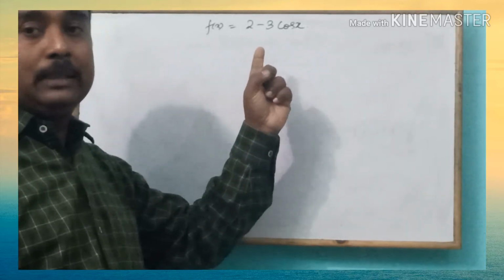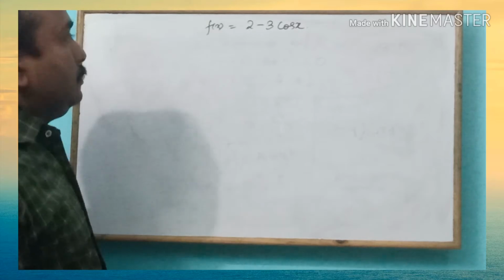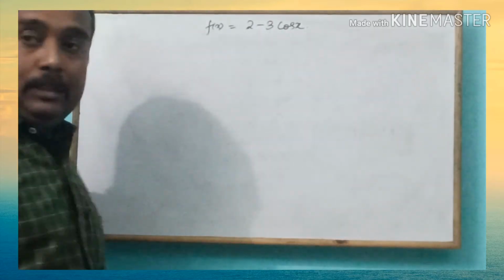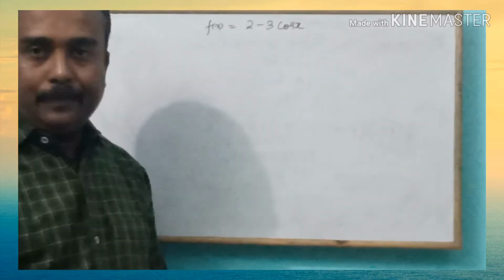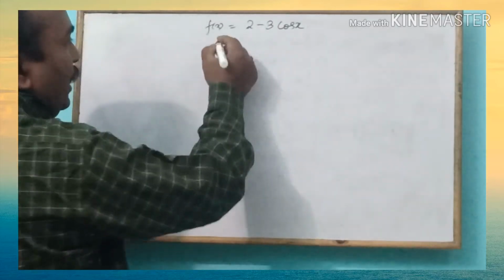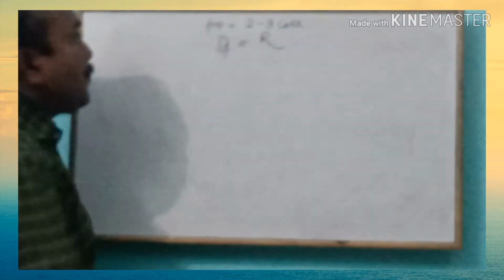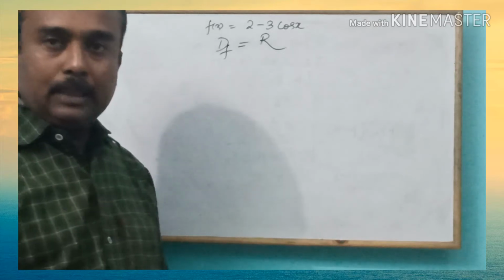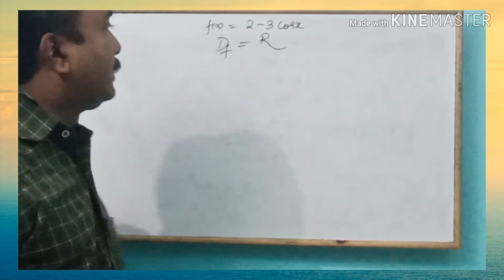The range of cos x is from minus 1 to plus 1, and cos x is never infinite. So this function f(x) will never become infinite, whatever real value of x we put. So the domain of f(x) is very simple. It is all real numbers. The function is defined for all real values of x.